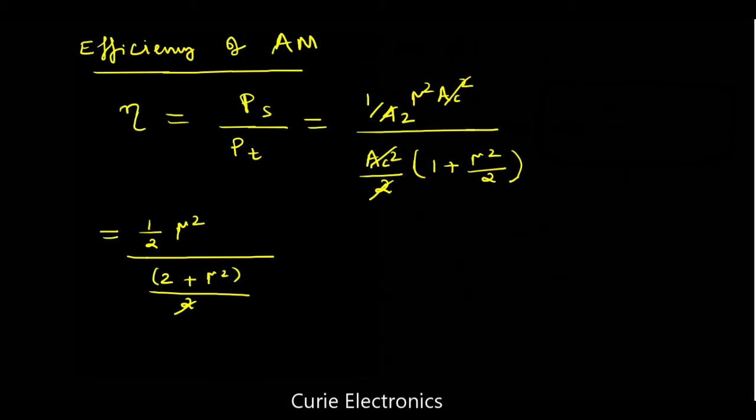Now this denominator 2 and this cancels out. So we will be left with, so efficiency equals mu square upon 2 plus mu square. This is the efficiency.